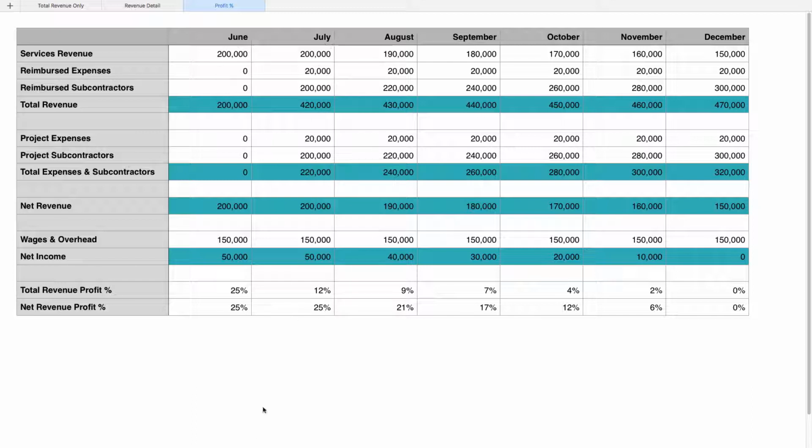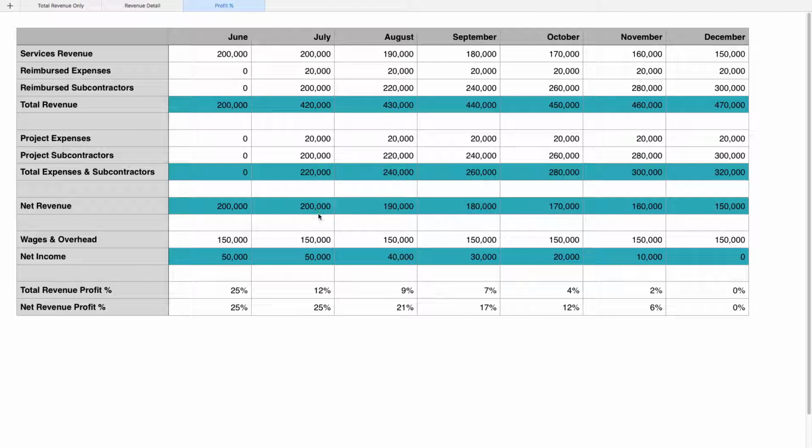So the difference between June and July is June is all professional services, and we have $50,000 worth of net income. In July, we add $200,000 of subcontractor revenue and $20,000 of reimbursed expense revenue, which brings total revenue up to $420,000.